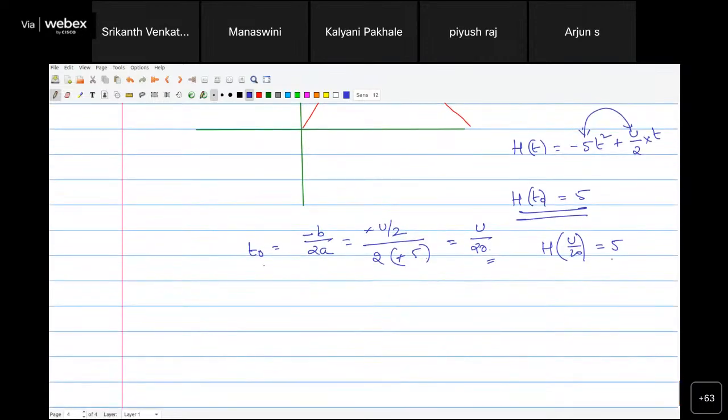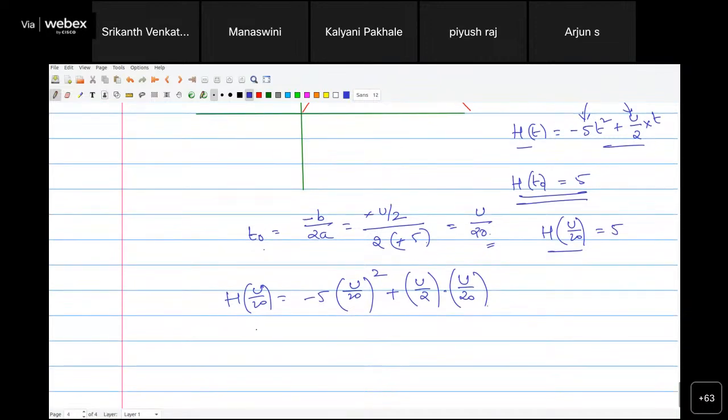From here just substitute. We know h of t is this. What will be h of u by 20? It is minus 5 times, substituting u by 20 in place of t. Since h of u by 20 is 5, this will be minus 5 times u square by 400 plus u square by 40.